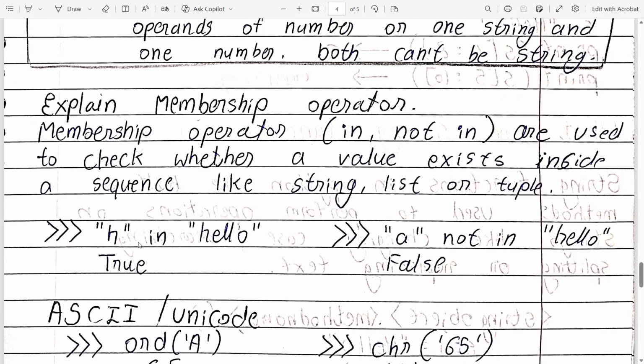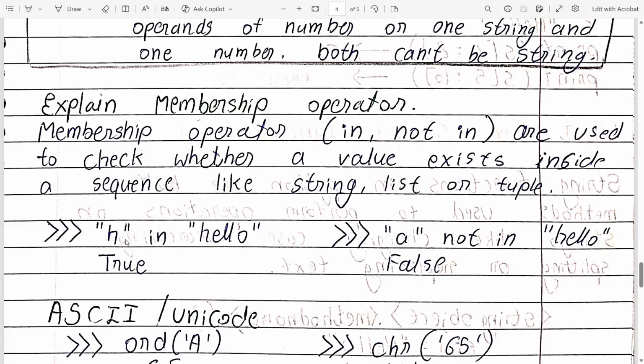Now the next question is: explain membership operators. Membership operators are mainly of two types, in and not in. They are used to check whether a value exists inside a sequence like a string, list, or tuple. For example, we are using a membership operator here.